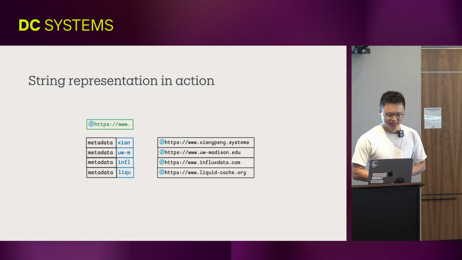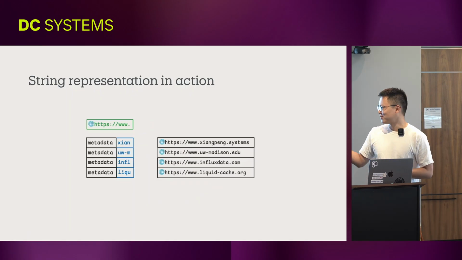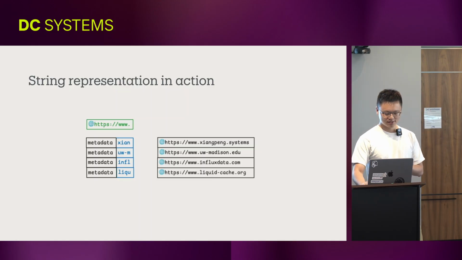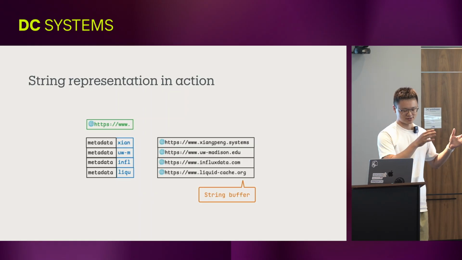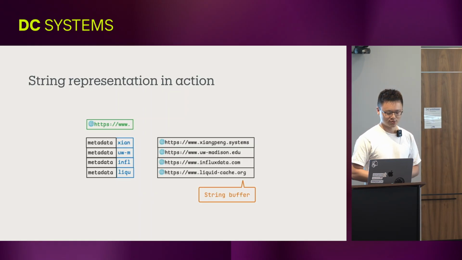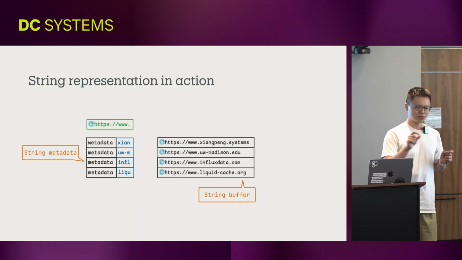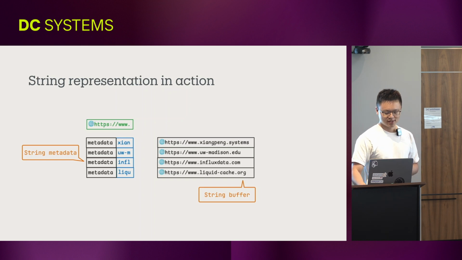So let's walk through a real string representation. Let's say we have some strings laid one after another. The first component is the string buffer, which we already know just concatenates the strings one after another. Then we have the string metadata, which helps us point to any string in the buffer.